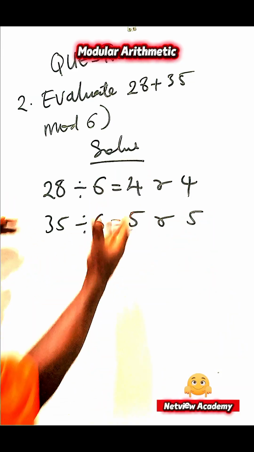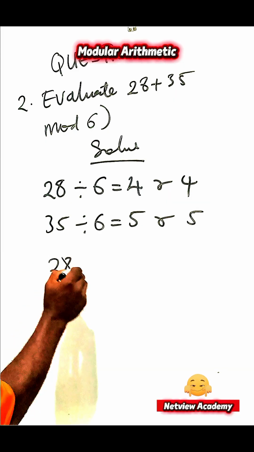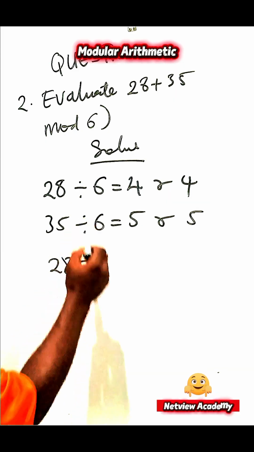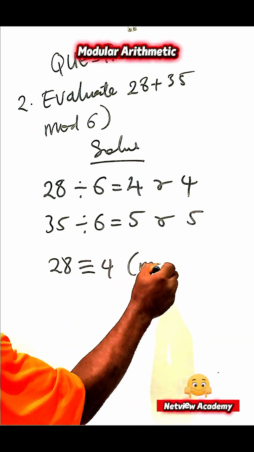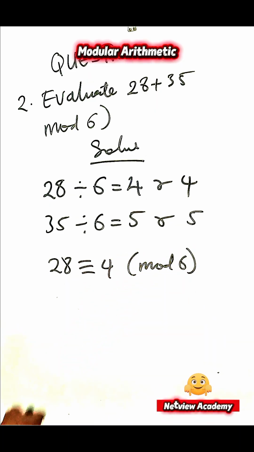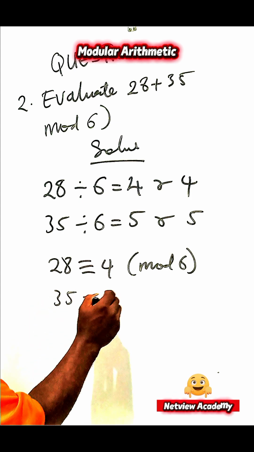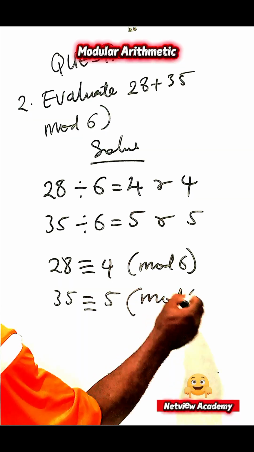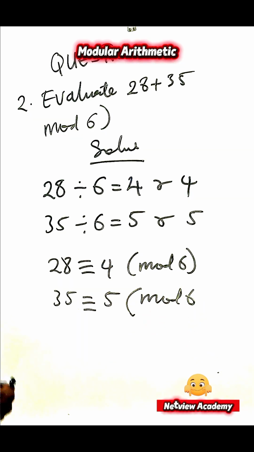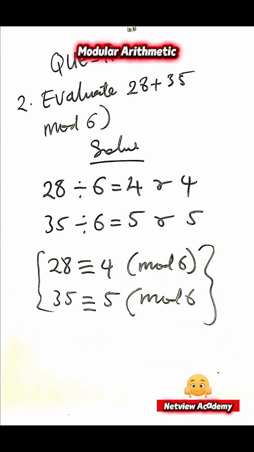So these two expressions can be expressed as 28 is congruent to 4 when it is divided by 6, and 35 is congruent to 5 when it is also divided by 6. Now, to evaluate this expression, we are going to add these two values together.